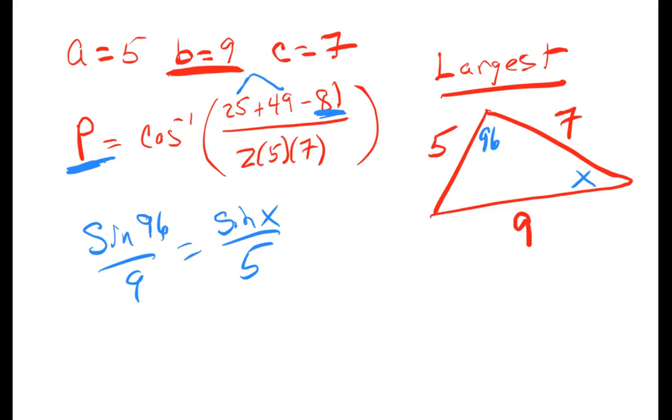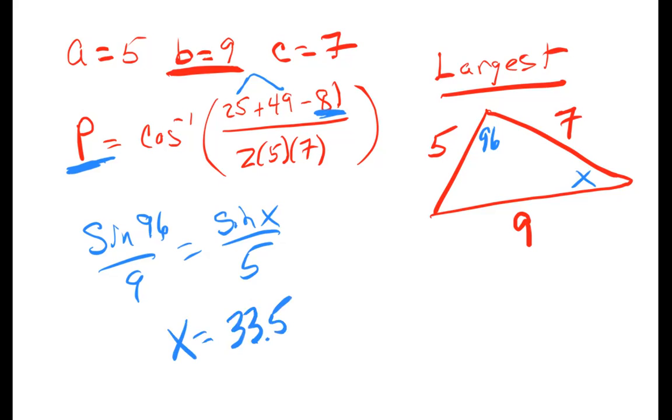Does anybody find that angle X? Realistically, we should know how to finish this one off, but we'll do it together. That's going to be the smallest angle in the triangle. Anybody have it? 33.5?